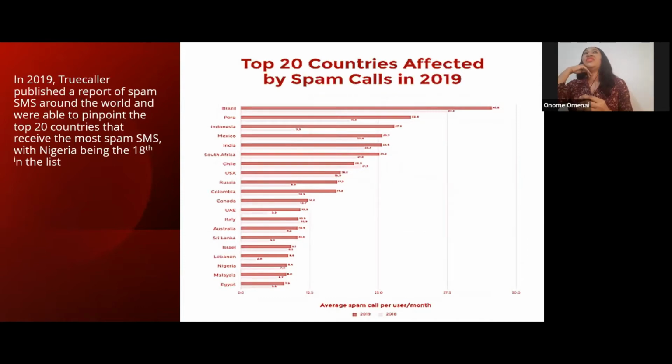It's interesting to note that in 2019, Truecaller carried out a survey where they shared the top 20 countries that have the highest rate of SMS spam in the world. But at least now we know that with this survey, SMS spam is something that really exists and is something that is happening. It's not a myth.